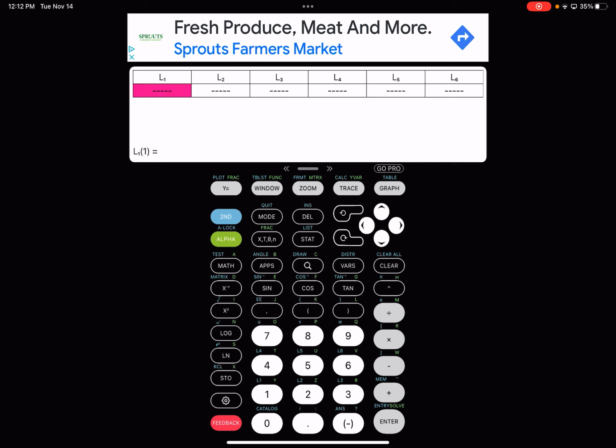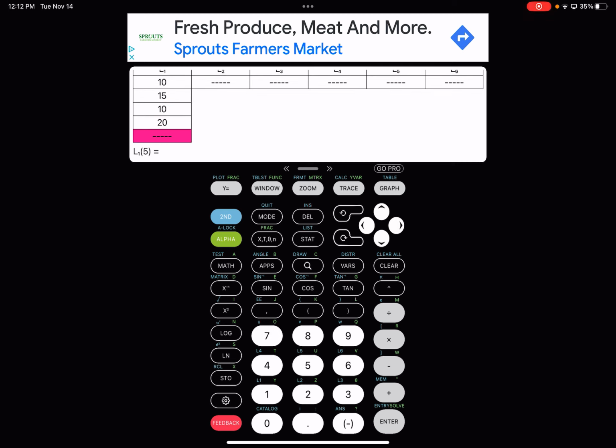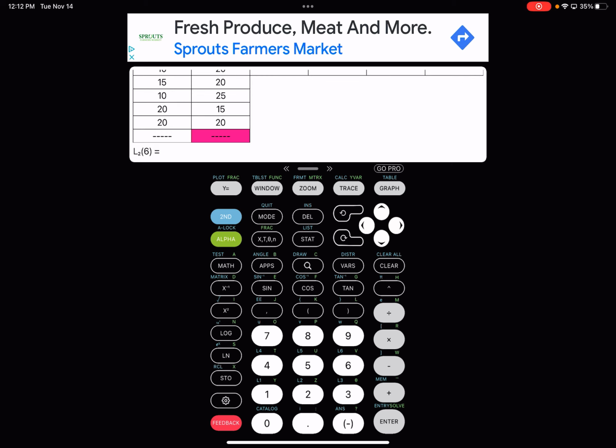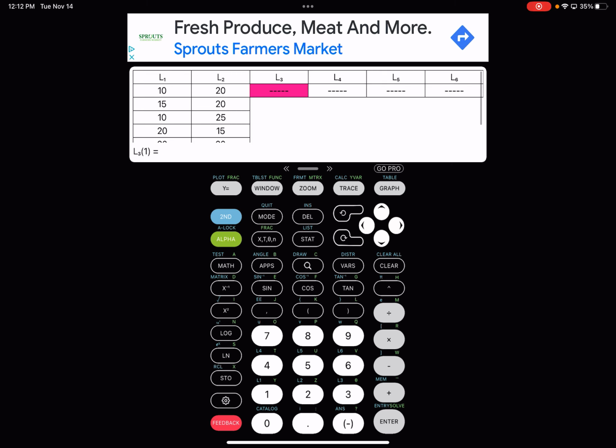So into list 1, I'm going to do the Alhambra store, which is 10, 15, 10, 20, and 20. For list 2, we'll do Burbank, which is 20, 20, 25, 15, and 20. For list 3, we're doing the Cerritos store, 3, 7, 5, 10, and 4.